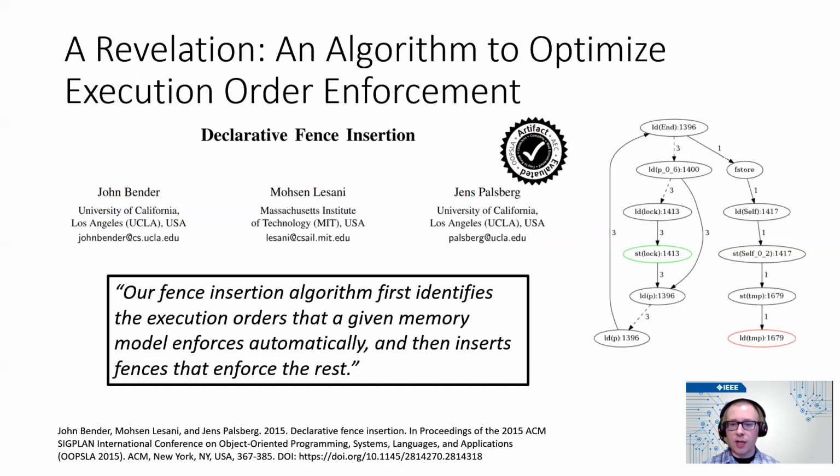And to do this, they needed to enforce certain memory ordering constraints with load fence, store fence, and mfence, the classical memory ordering instructions. So they described an algorithm that, given a data flow graph showing the relationships between load and store operations, would insert a minimal number of memory ordering fences to enforce the required memory orders.